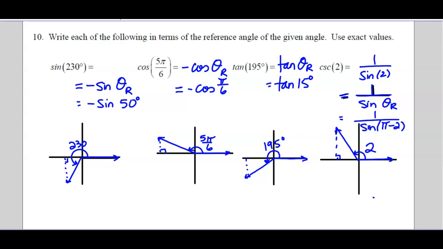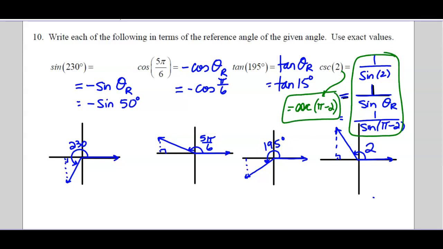Now, do I have to leave it as 1 over sine? I don't really have to show it that way. I was just doing this to remind you what it's equal to, but that's really showing it in terms of the reference angle. Cosecant of pi minus 2.